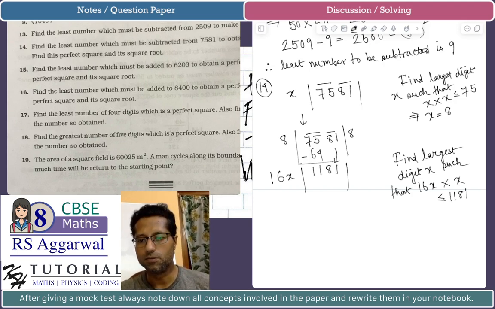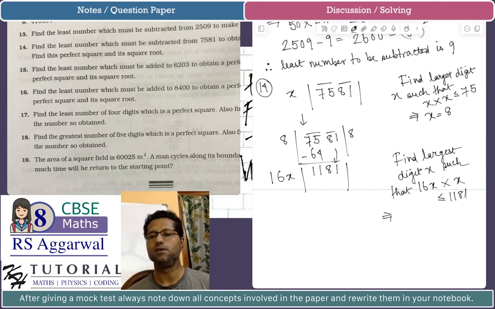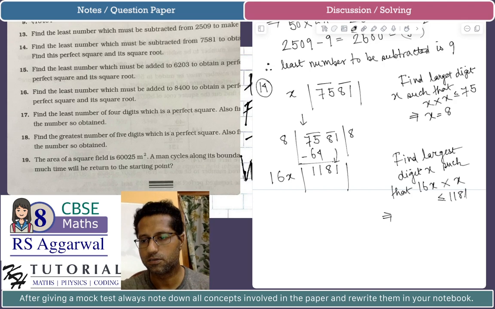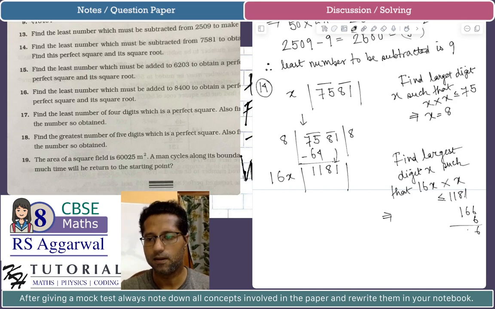So what can x be? Can x be 4? No, I think x will be 6. So 36, 36, 39, and 996.